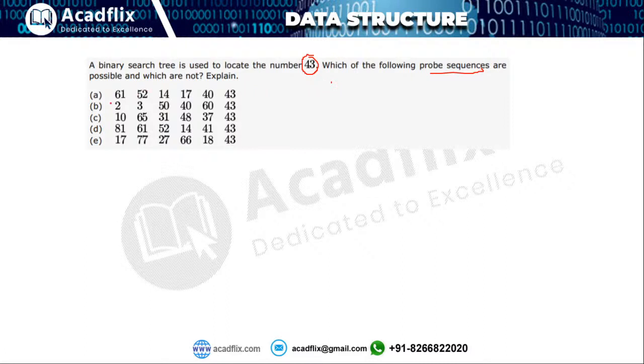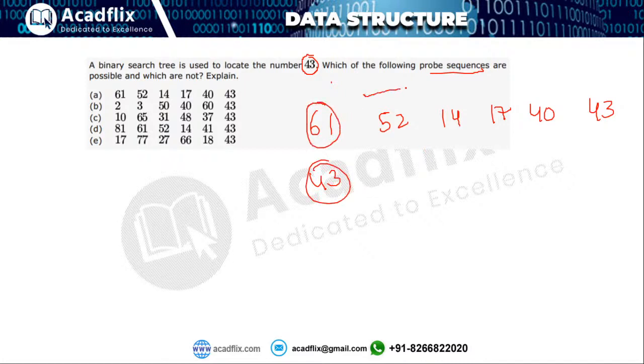I'll check all the options one by one. Right now I'm trying to find out whether this particular probe sequence is possible or not. How do I do that? I compare the node which I have to search, which is 43, with my node 61. Because 43 is less than 61, all the nodes after 61 should be less than 61.